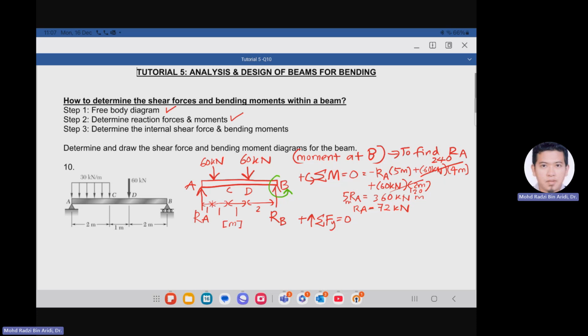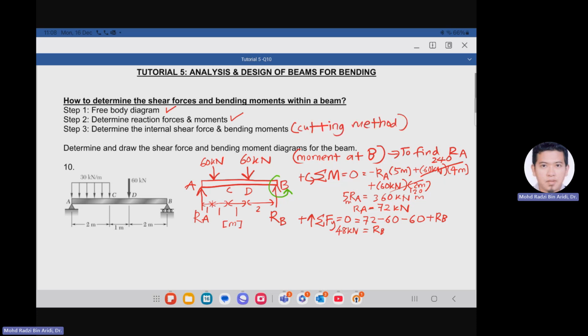Going up is positive, so RA will be positive, so the value of RA is 72. And then both 60s will be negative since they are going down. And finally RB will be positive since it goes up. As the result, our RB will be 48 kilonewton. So we have done step number 2.